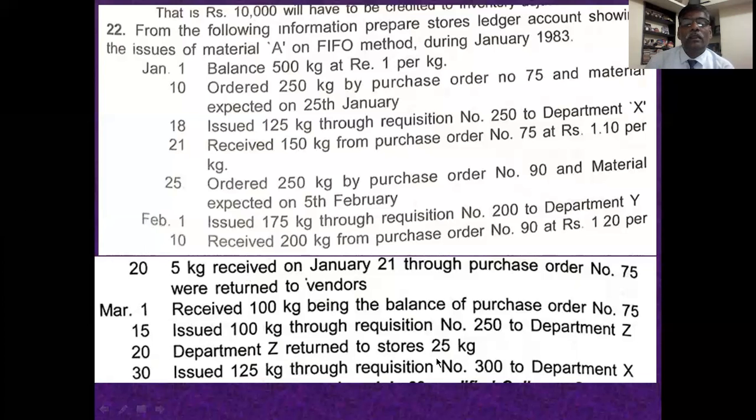Then next is issue of 125 kg through requisition number 300, you record in the issue column. So if issue is there, you record in the issue column. Receipt is there, record in the receipt column, taking into consideration all the facts.